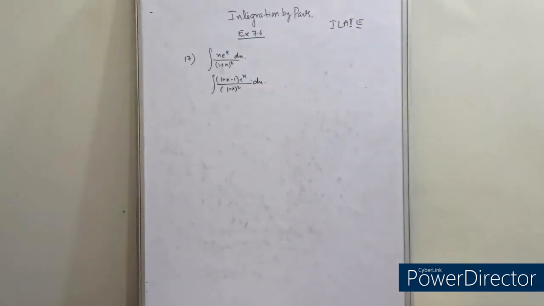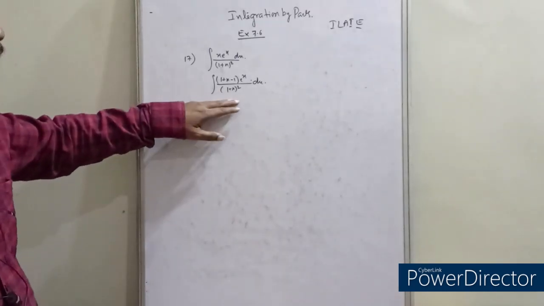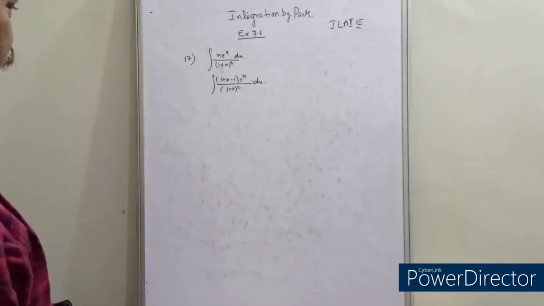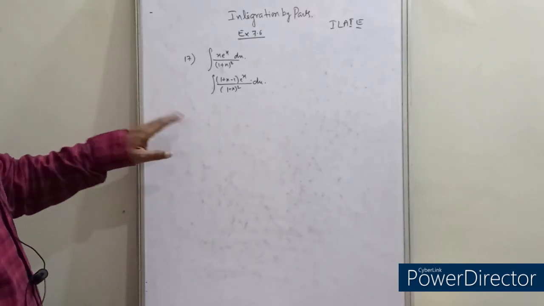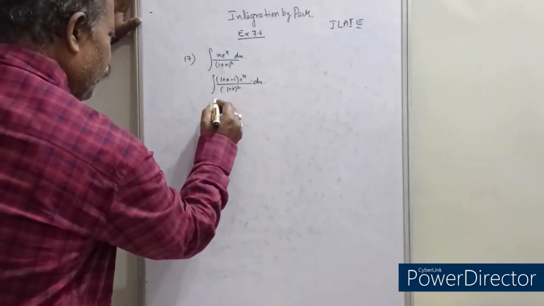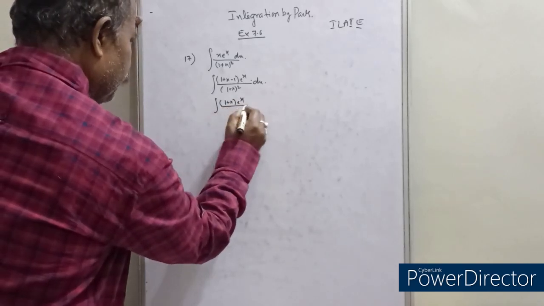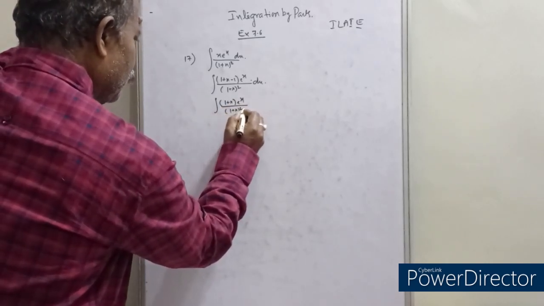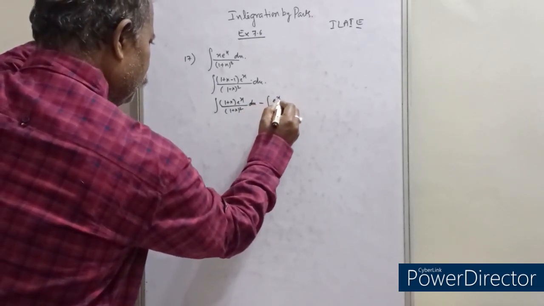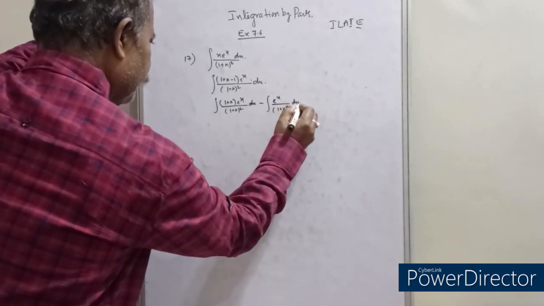Always my objective is to remove the denominator or to minimize it as much as possible. So here you see this can be divided into two parts: 1 plus x, e to the power of x, by 1 plus x the whole square dx, minus e to the power of x by 1 plus x the whole square dx.